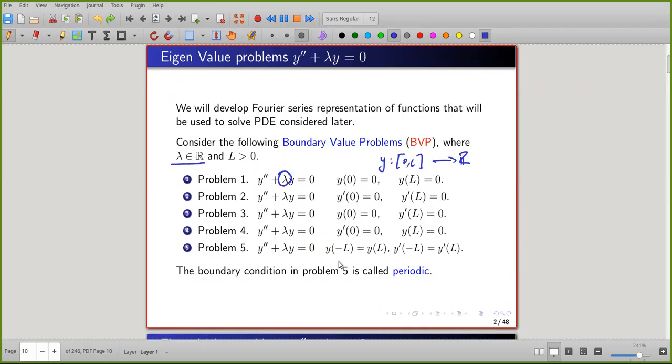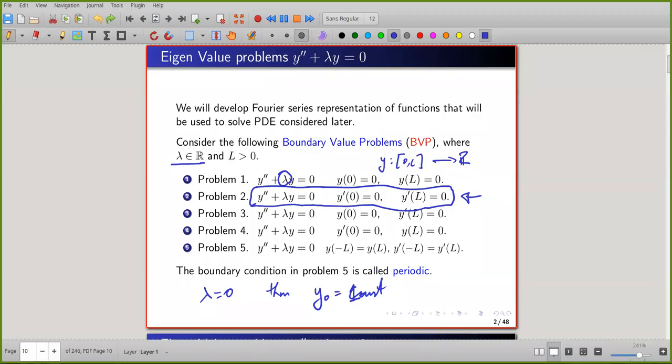If we put lambda equal to 0, then the constant function y0 equal to 1 satisfies, is a solution to this problem. I hope that's clear, that's obvious. As we already saw that the eigenspaces are vector spaces, I could have just said y0 equal to constant. That's what I meant.